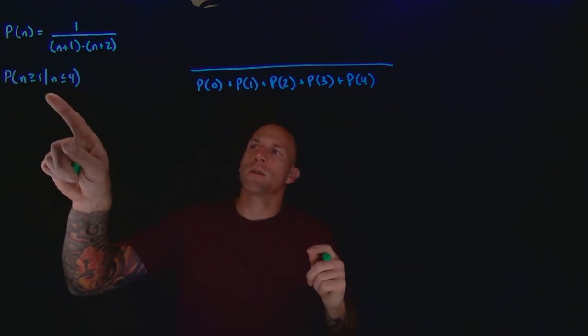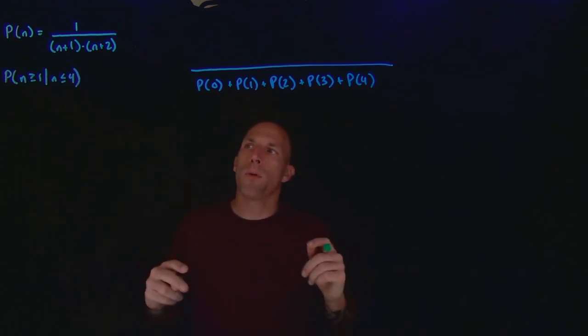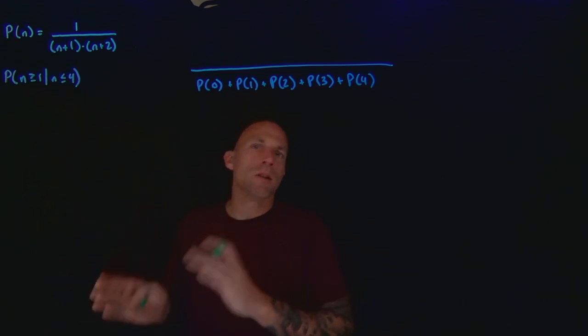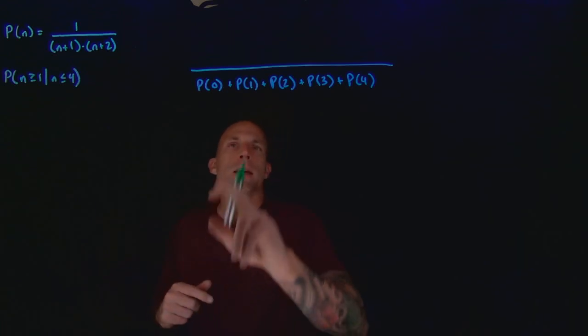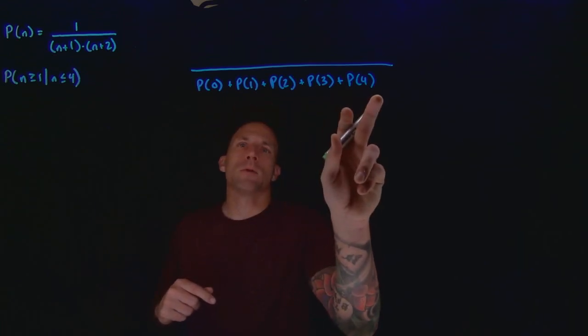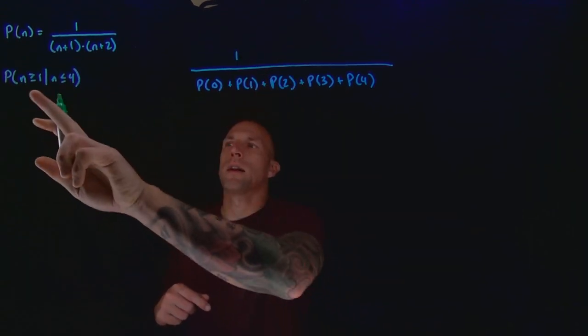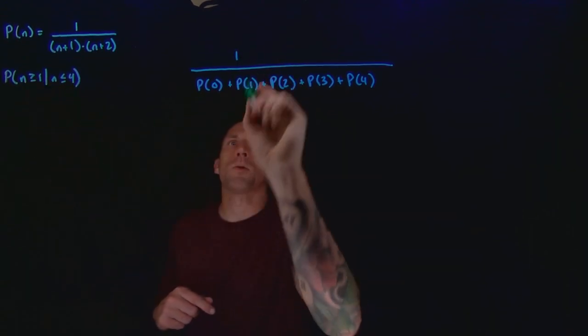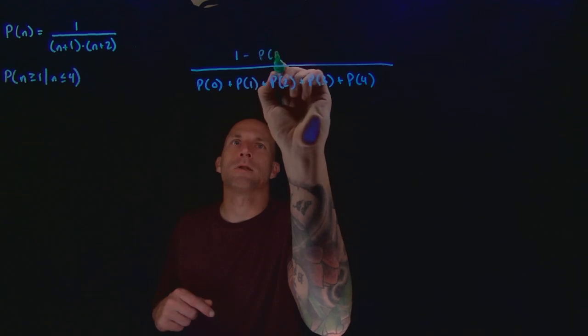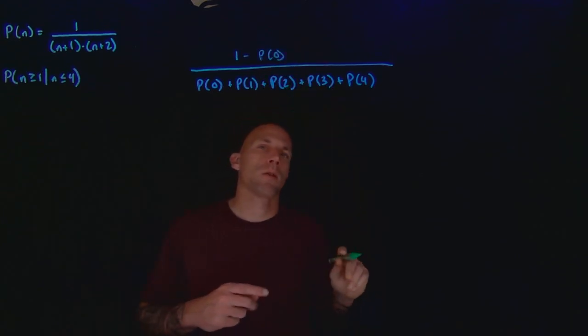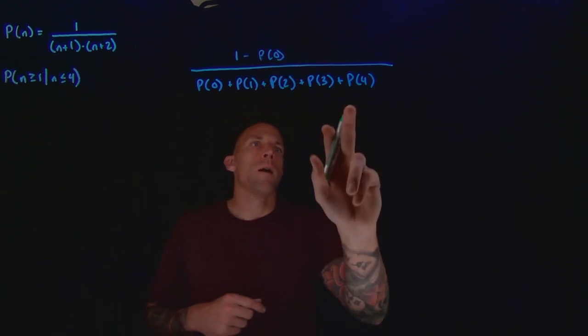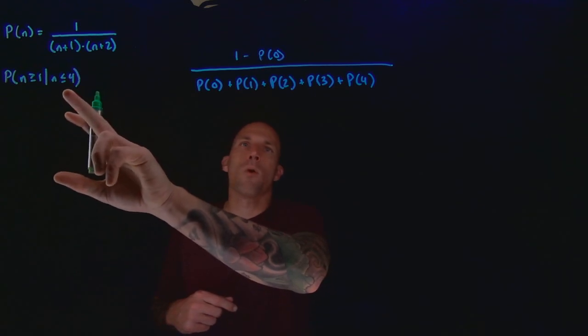And then we're asked to find the probability that there is at least one claim, given that there were at most 4. So be careful here, because a lot of times we have n greater than or equal to 1. We say, oh, that's easy. That's just 1 minus the probability of 0 claims. But we're limited to at most 4 claims.